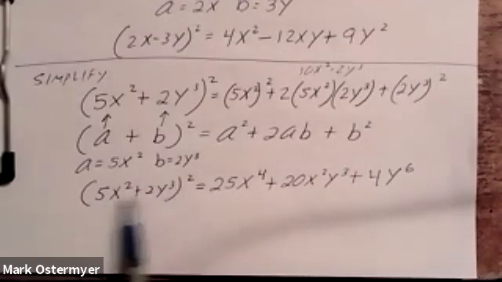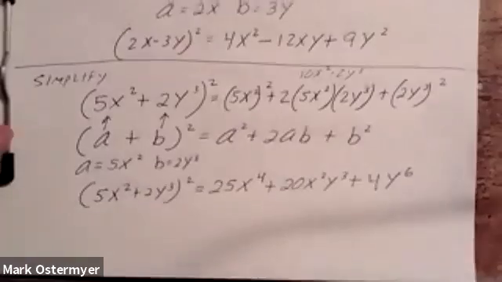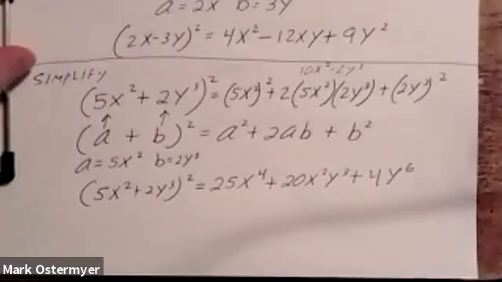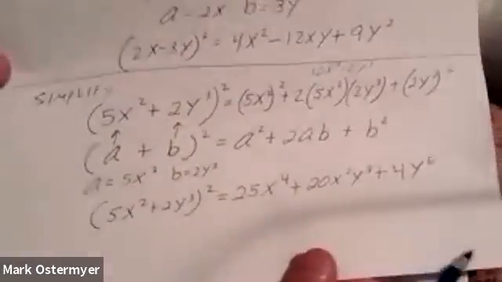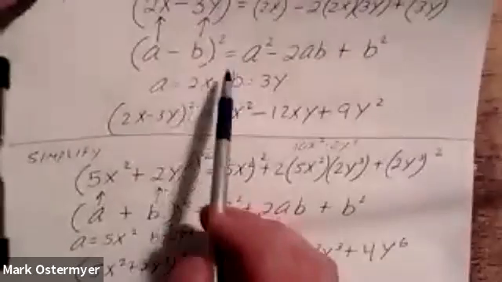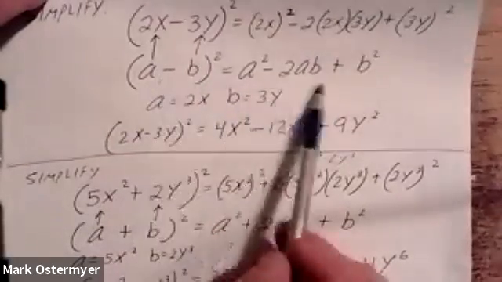Now, if you were to FOIL this out, I do believe this would take a little bit more time. Do you agree? Do you think that would take more time to FOIL it out the long way? Yes, and more paper. It's going to take not only more time, it's going to take more paper. And so the key is, I cannot emphasize enough, ladies and gentlemen, we want to start to warm up to using these patterns, these special products, they call them.